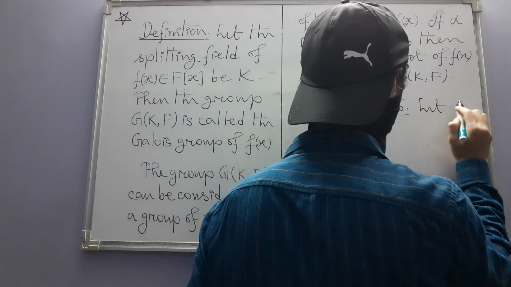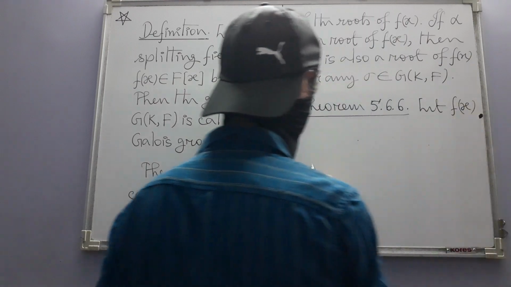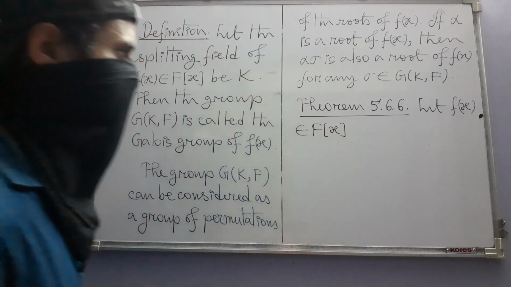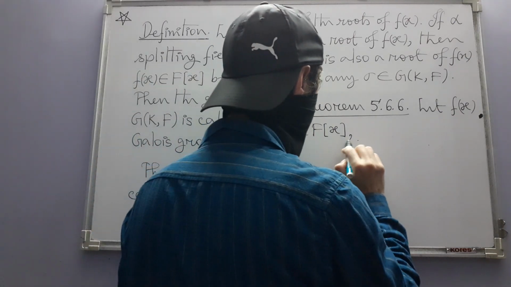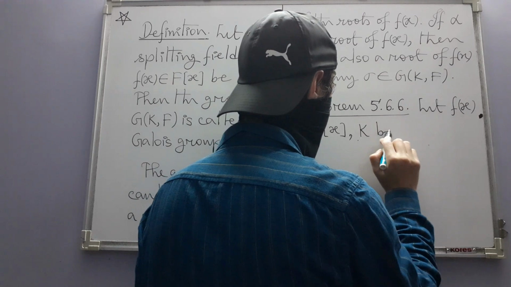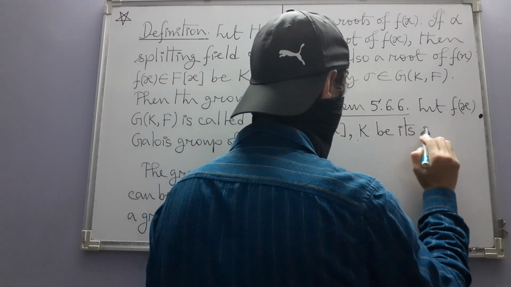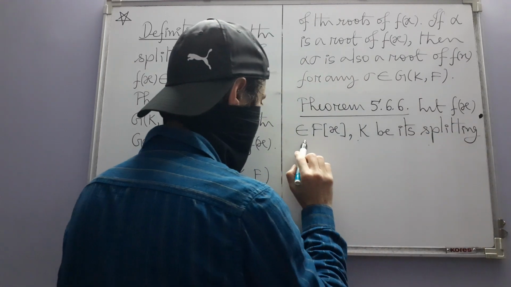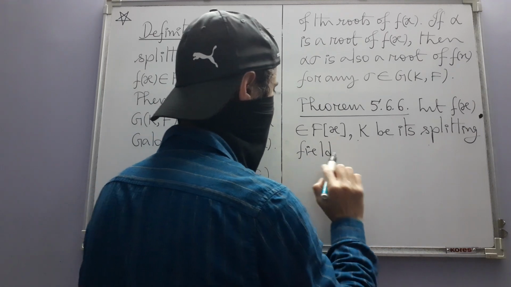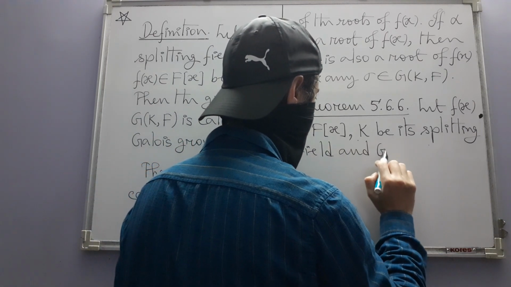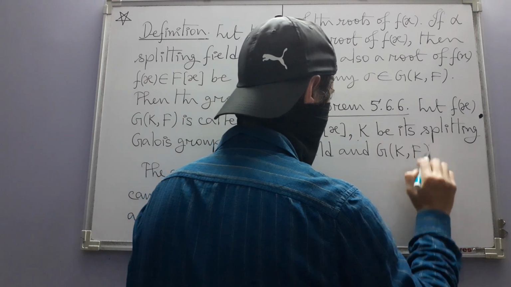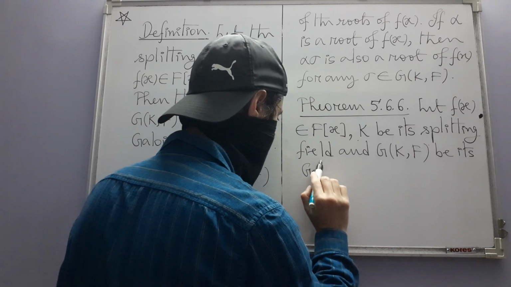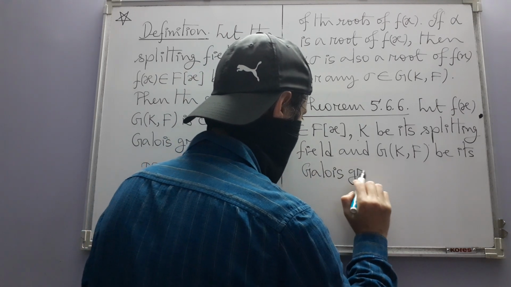Let f(x) be a polynomial over capital F, K be its splitting field and G(K, F) be its Galois group.